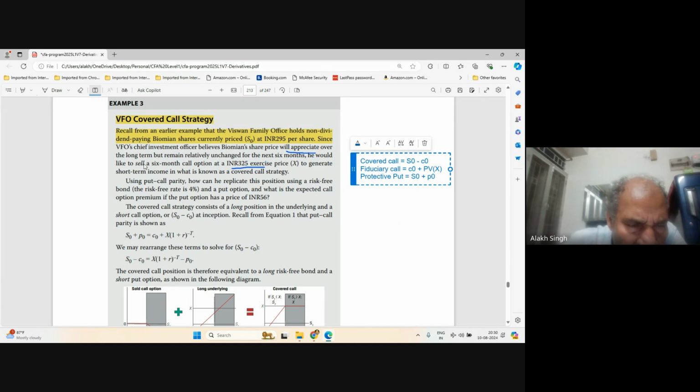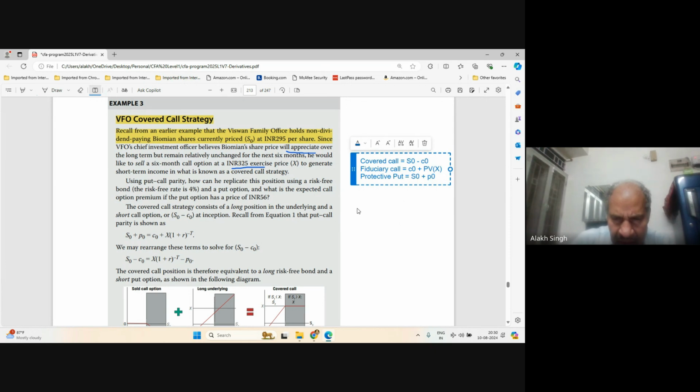He would like to sell a 6-month call option at Indian rupees 325 exercise price, means X is 325. Now he is telling us that using put call parity, how can he replicate this position? Since we know the definition, let's substitute C0 with these.